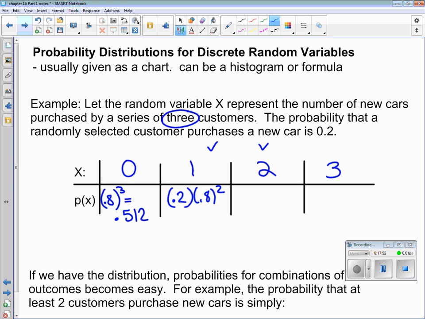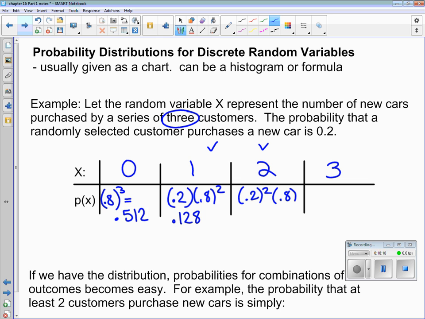What is that, by the way? Probability test. So 0.2 times 0.8 squared. So 0.128. Maybe. I'm telling you there might be some more to it. This one would be 2 people did buy the car, so that would be 0.2 squared times 0.8. Would you agree?